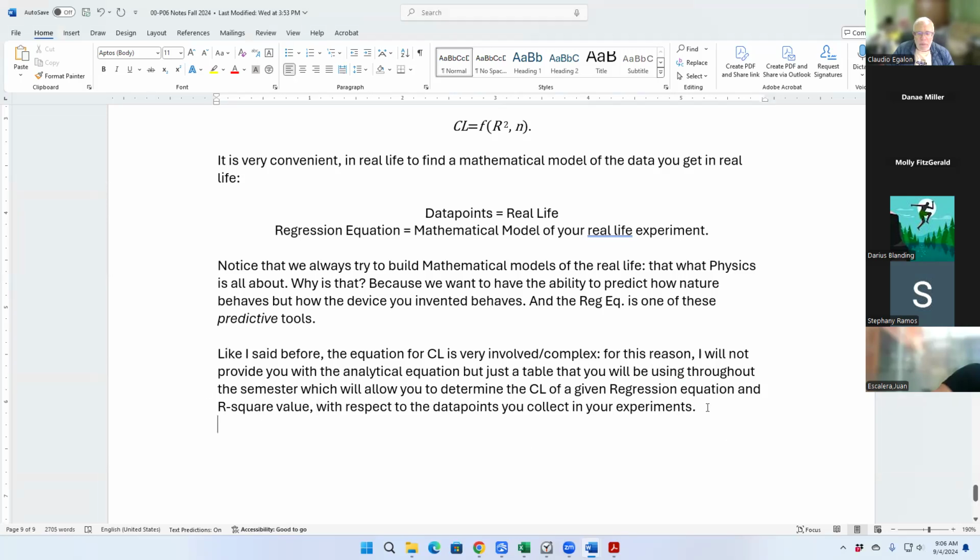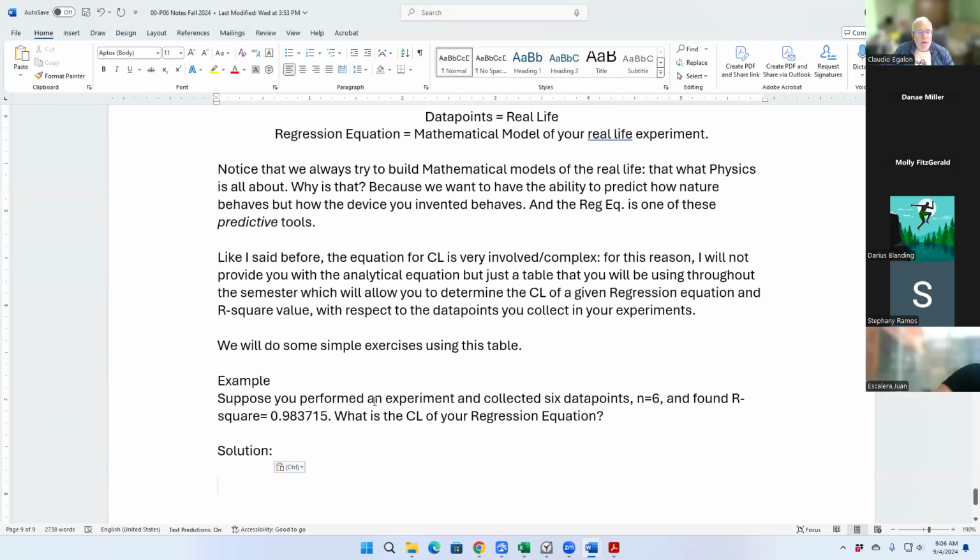And now we're going to do some sample exercises on how to use this table. I'm going to copy and paste what I have here. Here you go. Suppose you performed an experiment. You collected 6 data points and found an R square of 0.983715.